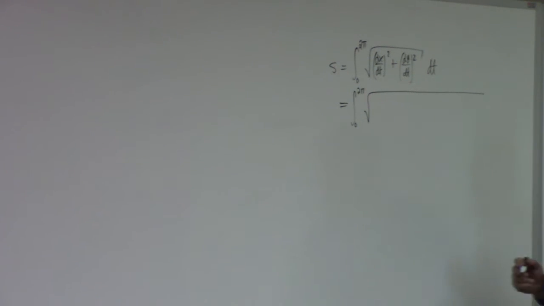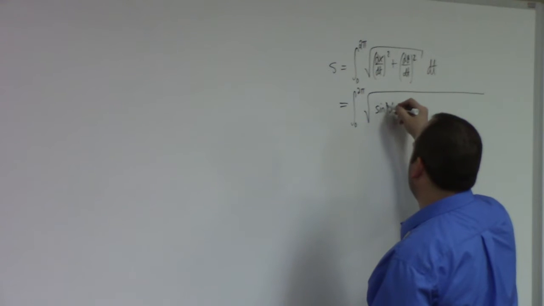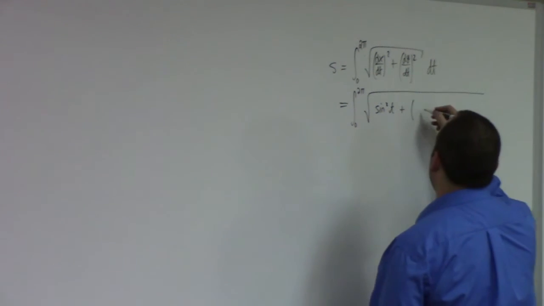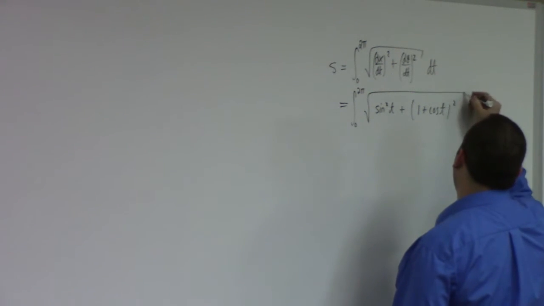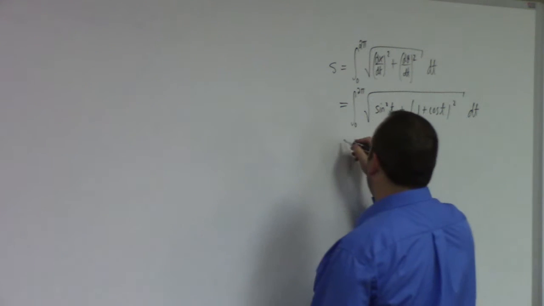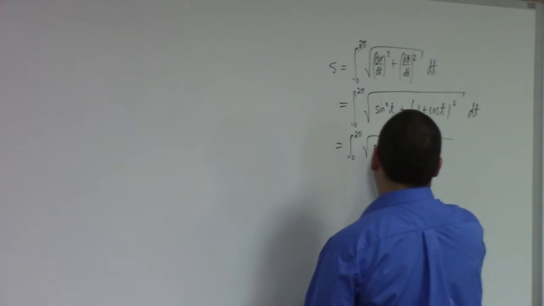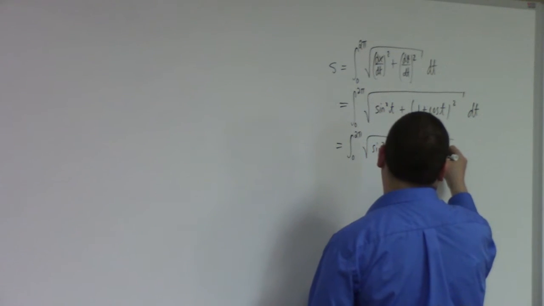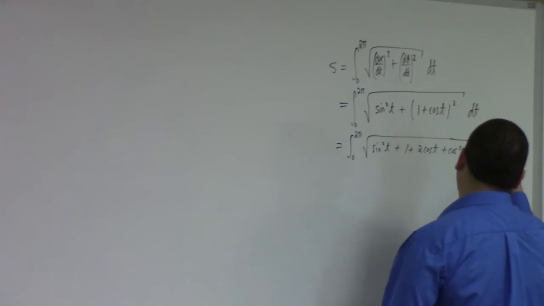Let's see here. dx/dt, well, we figured that out. So we got sine squared t, right? Plus, and then we've got ourselves a 1 plus cosine t quantity squared, right? Let's do the algebra. So FOIL that thing out.